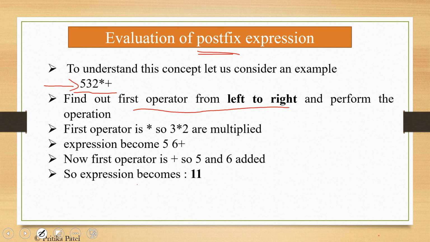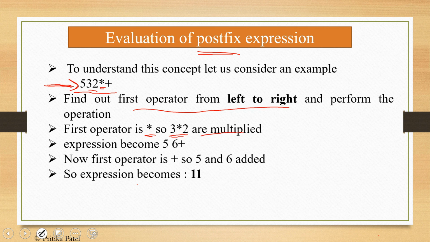Now start from here and go from left to right. First is 5, then 3, then 2. Then we get an operator. Whenever you get an operator, you have to stop and perform the operation on the two operands before it. So the first operator is multiplication, so 3 into 2 are multiplied.